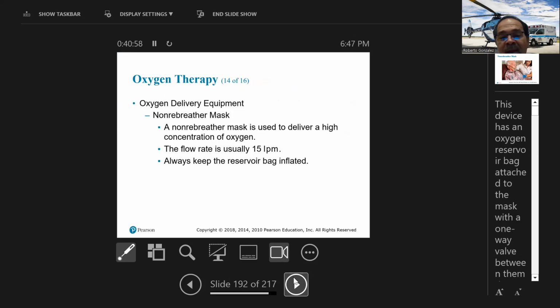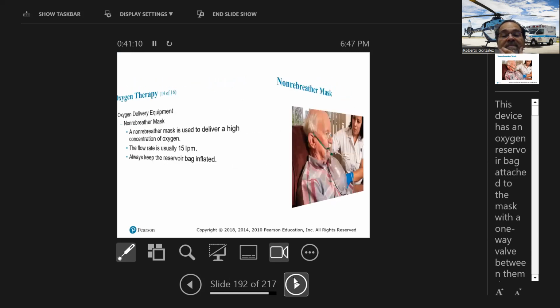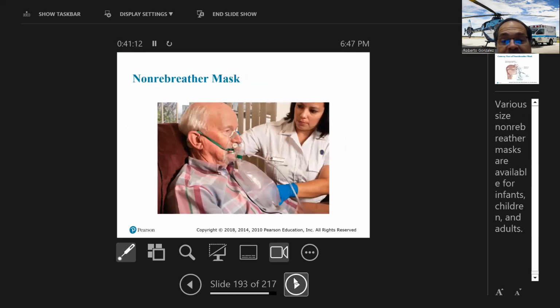Okay, a non-rebreather mask is used to deliver high concentrations of oxygen. The flow rate usually is about 15 liters per minute, and always keep the reservoir bag inflated. And here, I can't tell if she has a non-rebreather mask. No, it's the same partial non-rebreather.